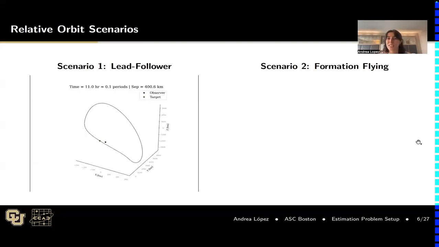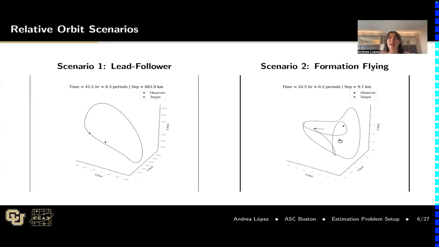So to get a better idea of what is going on with these orbits, I have these animations, and you can see how the lead-follower configuration has a repeated trajectory across multiple orbits.